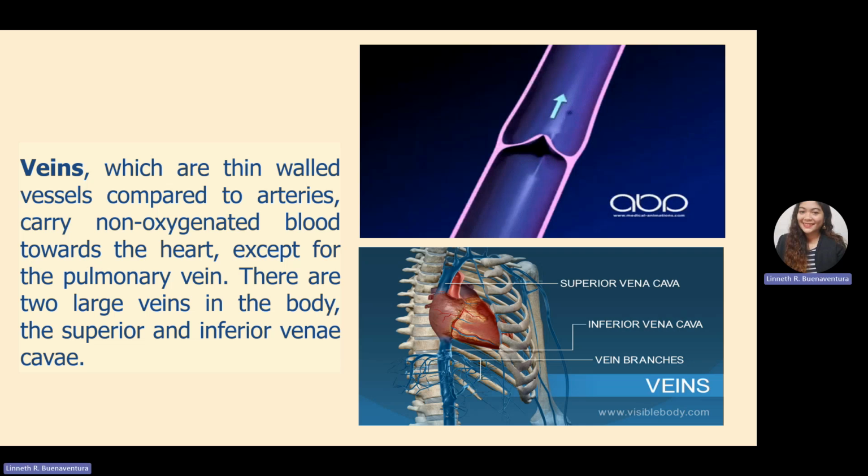So we have different locations where we can feel the pulse rate: from the arm, from the neck, from the femur. Those are the different locations.